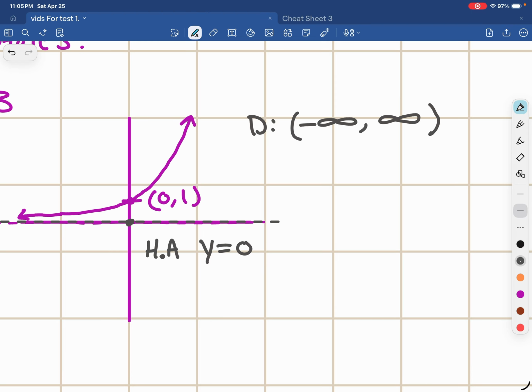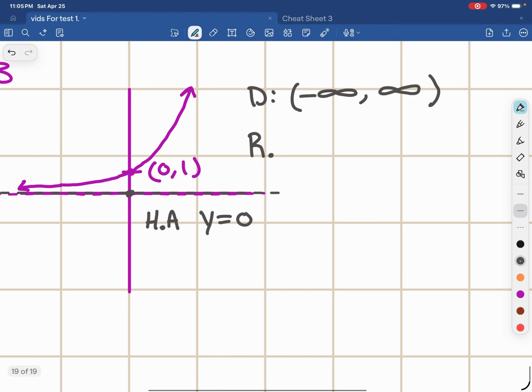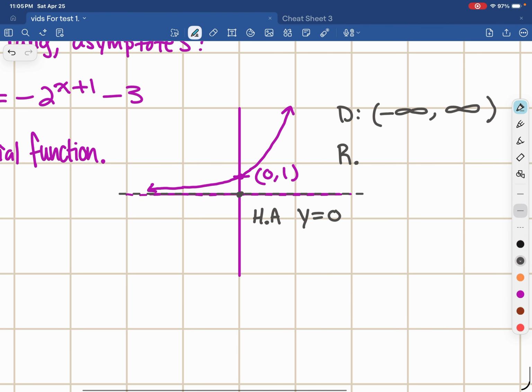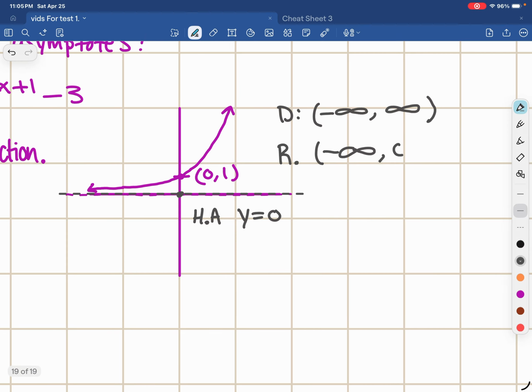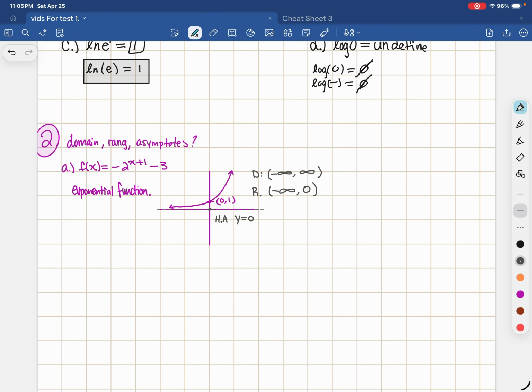Pretty simple stuff here. Then if we're talking about our range, we'll have a max cap at 0, infinity, negative infinity. Excuse me, it should be negative infinity to 0. And I'll explain that here in a little bit.